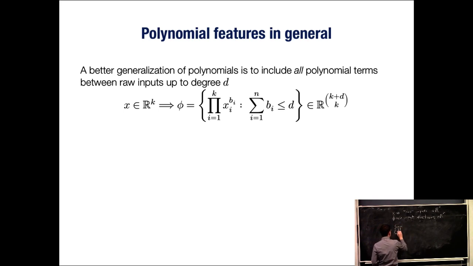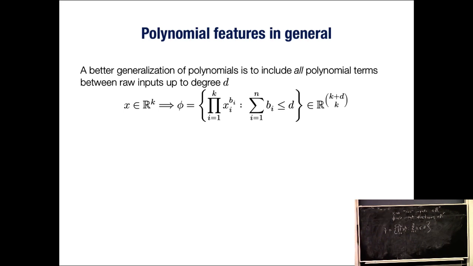The product from i equals 1 to k, where k is the number of raw inputs, of xi to the bi, where the sum from i equals 1 to k of all the bi terms is less than or equal to our maximum degree d. Does this make sense?